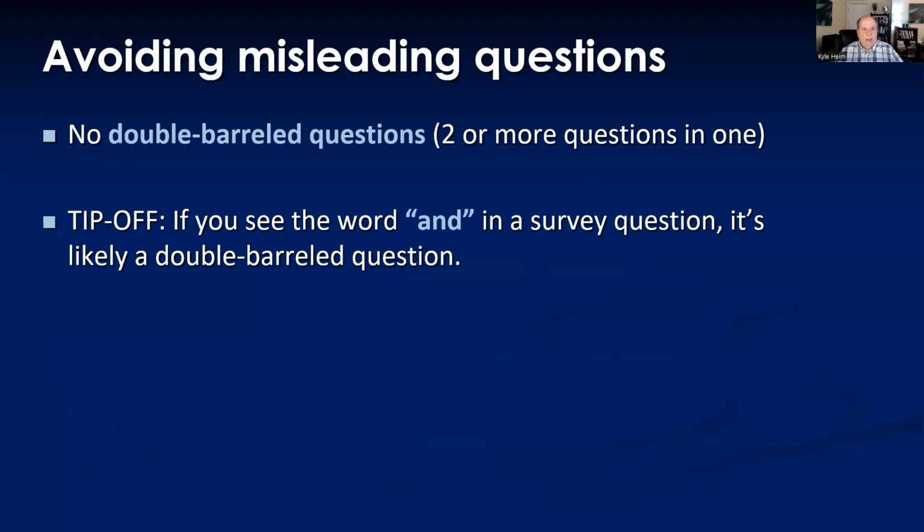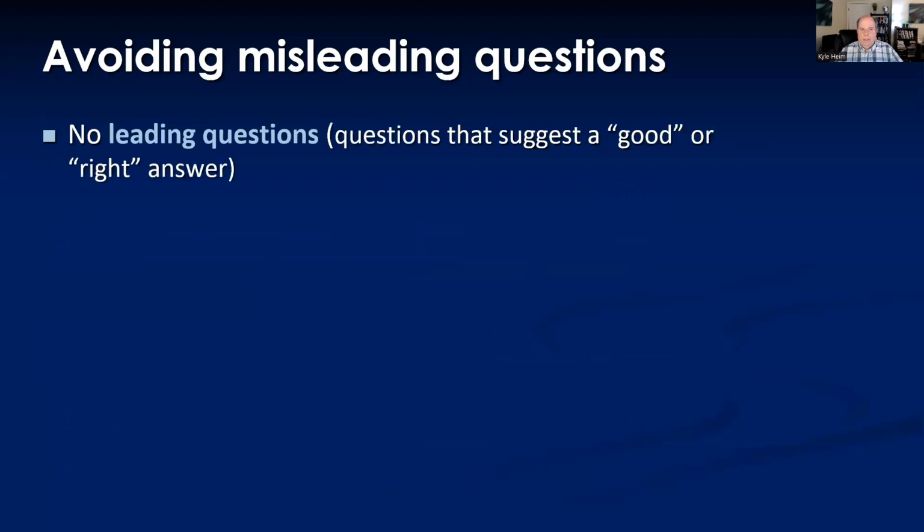Okay, the second type of misleading question is the leading question. Questions that suggest a good or a right answer. So you often hear about leading questions in a legal context, in a courtroom. If you've watched courtroom dramas, the attorney may try to slip in a leading question, like, you intended to assault the suspect or the victim, right?